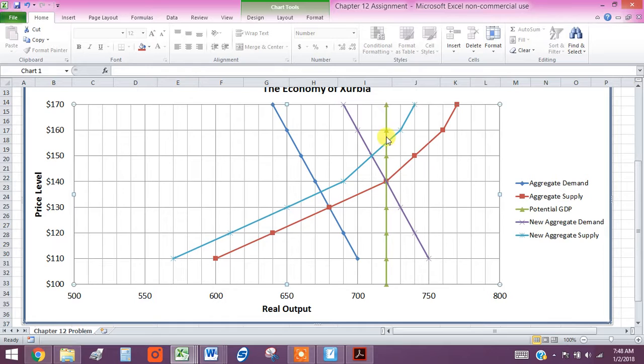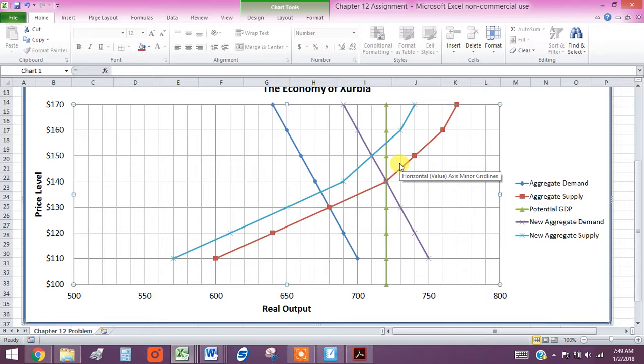And lastly, since we're improving technology and growing our workforce, that makes our potential GDP higher because we have more workers in the country and better technology. So that's going to shift our potential GDP to the right.